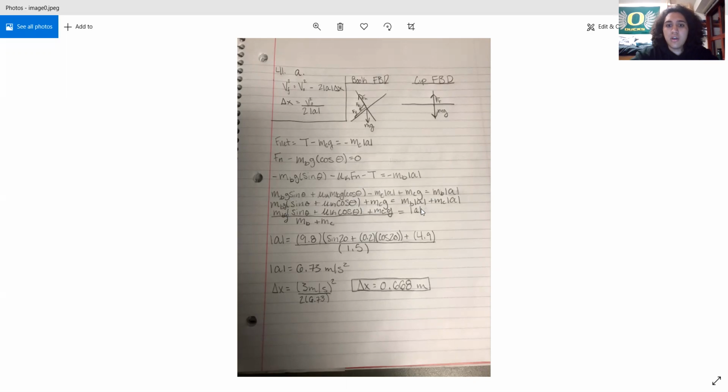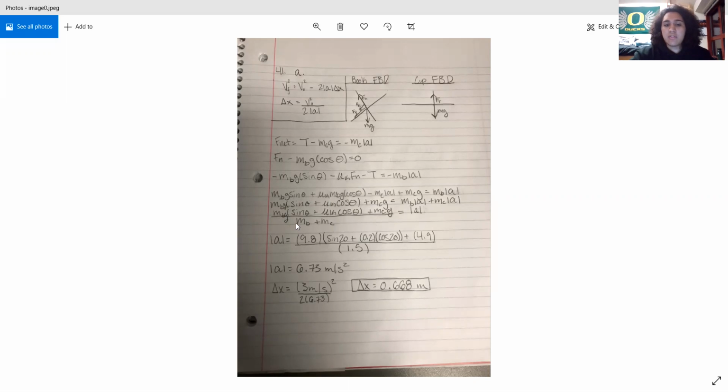So we move this acceleration for the cup over with the acceleration of the book. We can factor out the acceleration and then divide our masses over. So we get that this equation here will give us our acceleration.